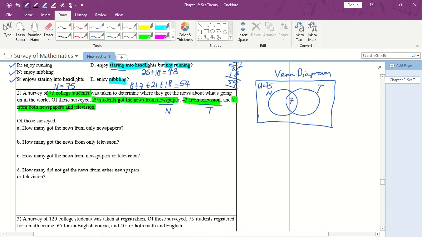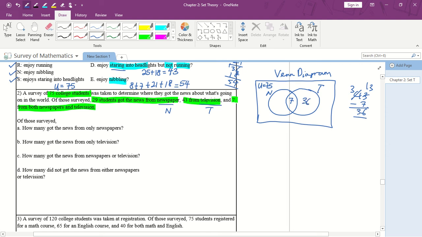And the next one, 43 from television. So remember, this is television. 43 includes the 7 too. So we need to use 43 minus 7 to get the number here. So this one here will be 36.